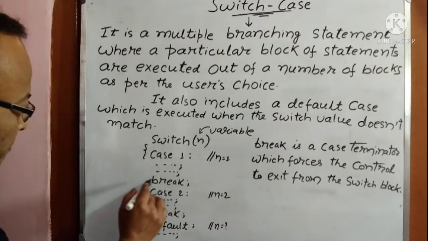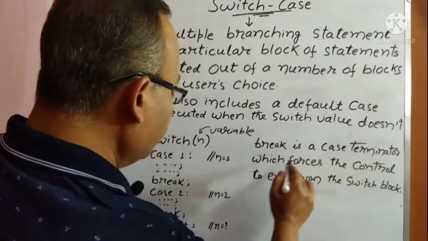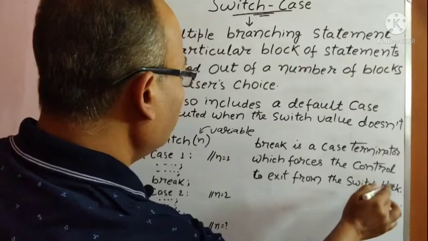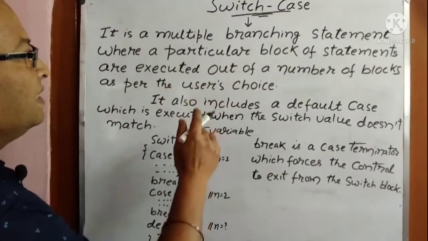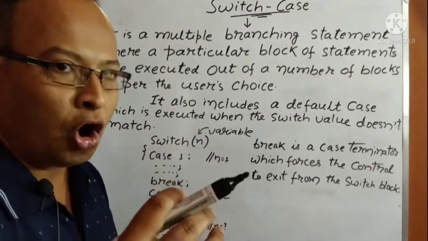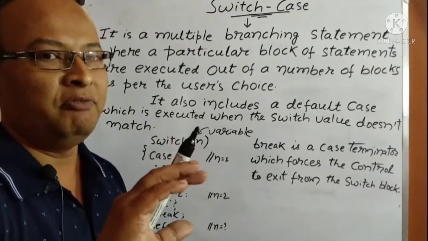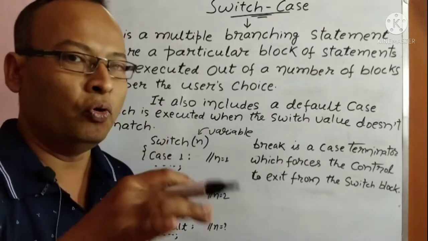Over here you can see the break statement. What is a break? Break is a case terminator which forces the control to exit from the switch block. As the definition says, in switch case you will find multiple blocks and only one block of statements will be executed depending upon the user's input.